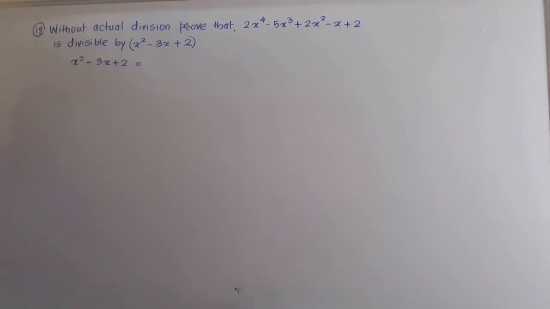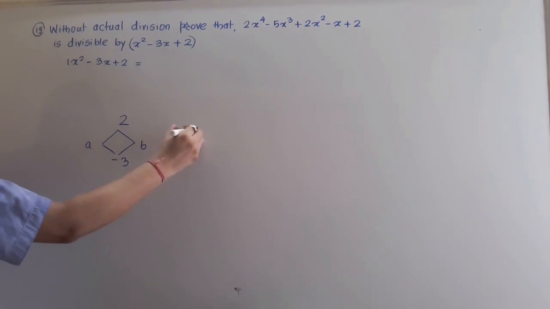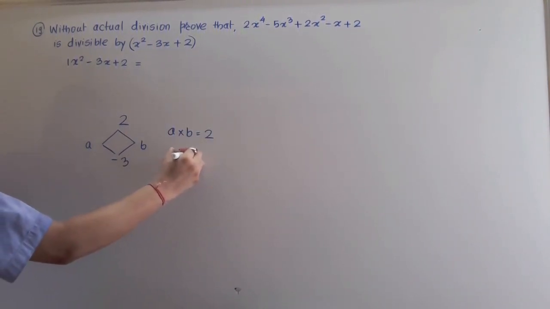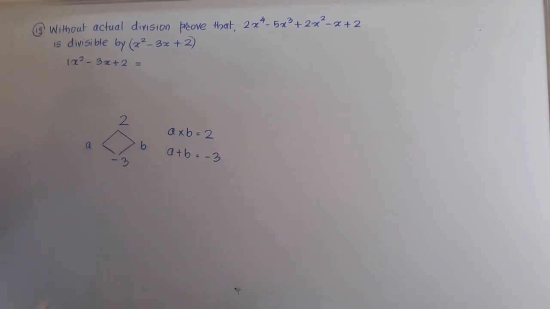First of all, the coefficient of x square is 1. So 1 and 2 you multiply, what you get here? 2. And the coefficient of x is minus 3. So you require two numbers whose multiplication is 2, and whose addition is minus 3.